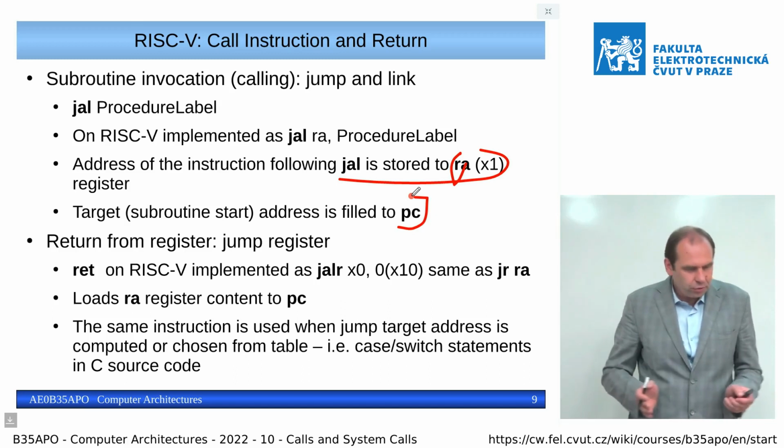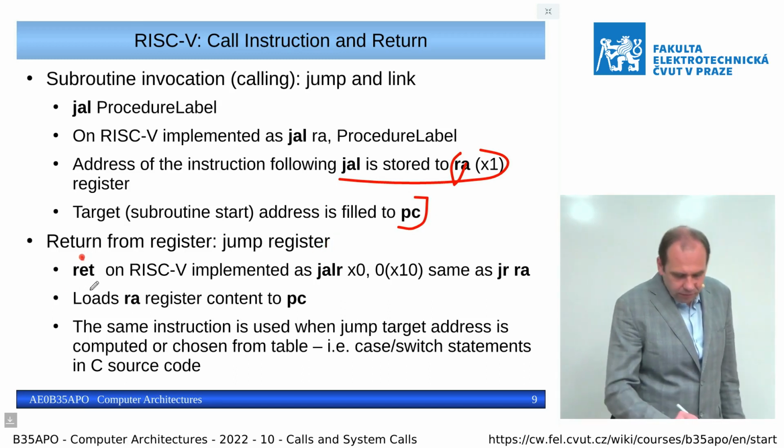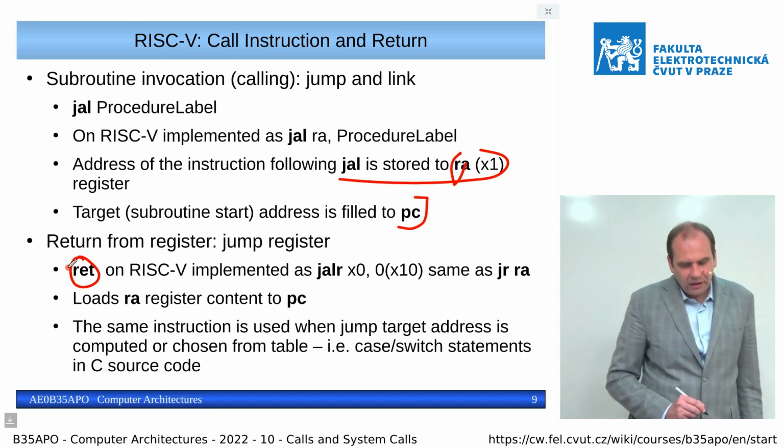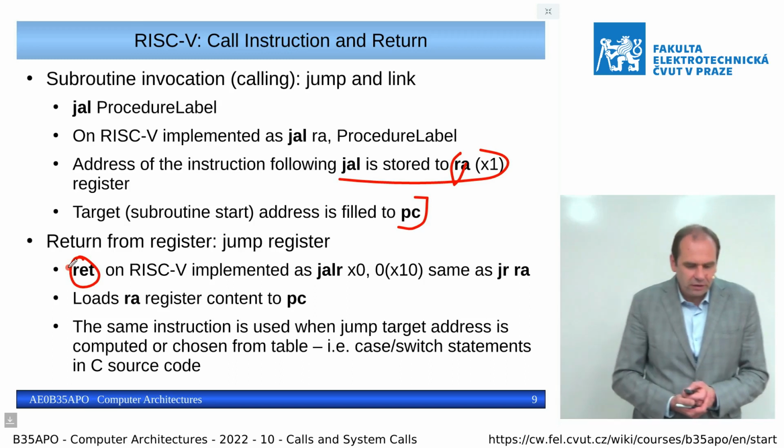Then the subroutine runs, and when we want to return, we use a return opcode, which is quite often used under this name.